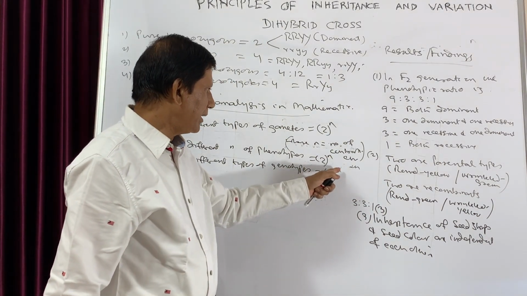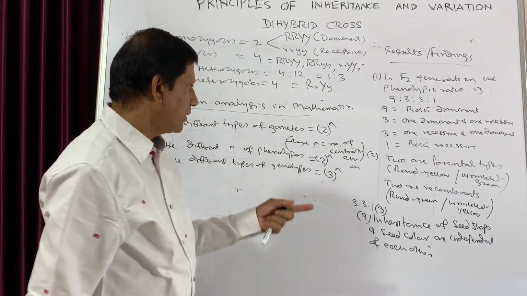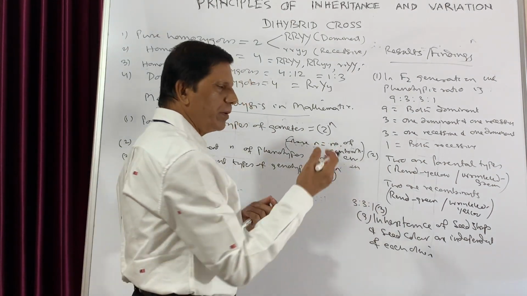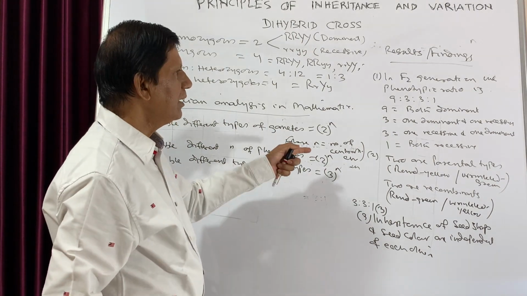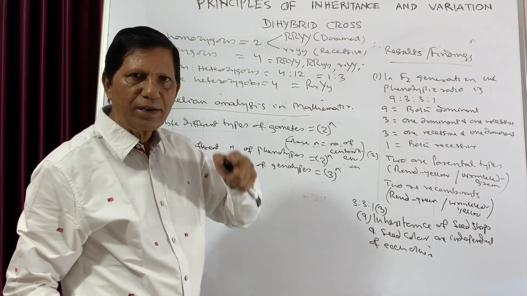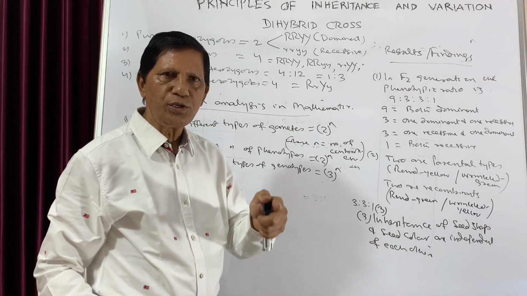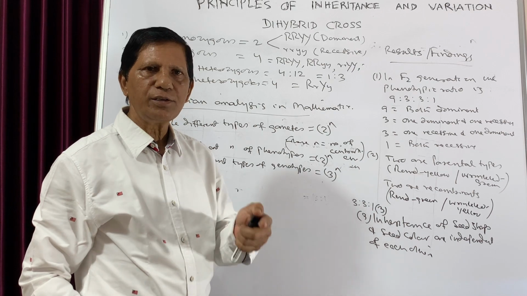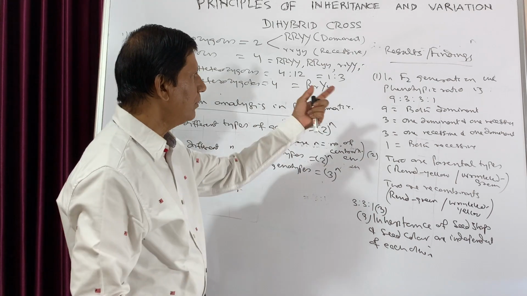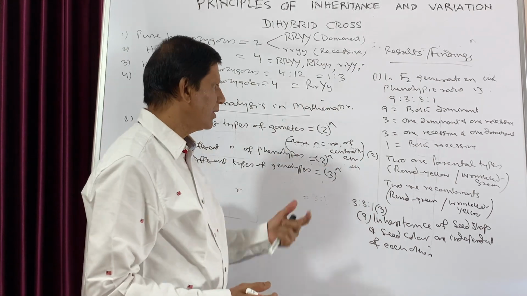So n is 2. That means it will be 3 to the power 2. That means it is 9. And we have seen that the genotypes are 9 types. 1:2:1, 2:4:2, 1:2:1. Already we have written that one.